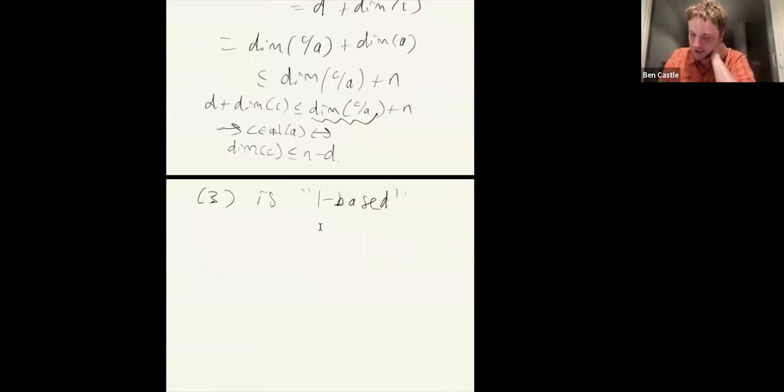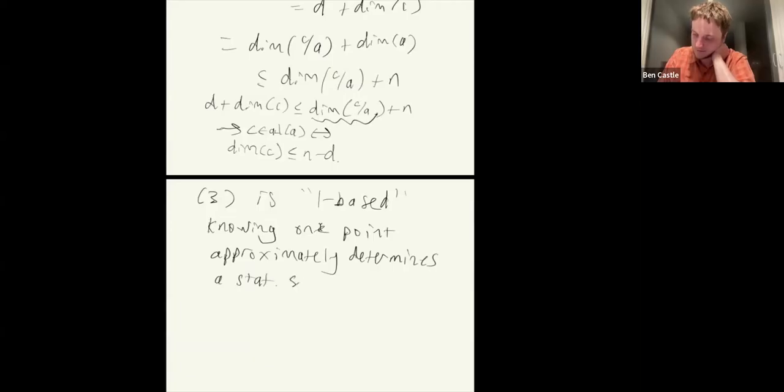It's called one-based because it says knowing one point approximately determines a set. So it determines a stationary set, in the sense that the canonical base is algebraic over the one point. So one point is enough.